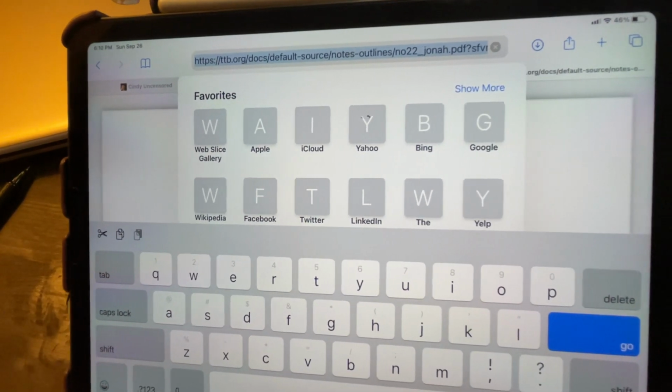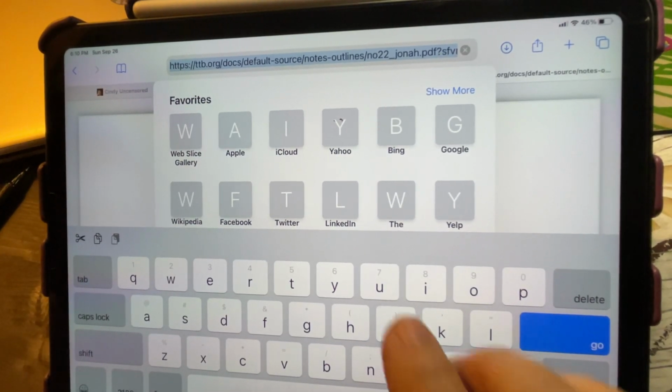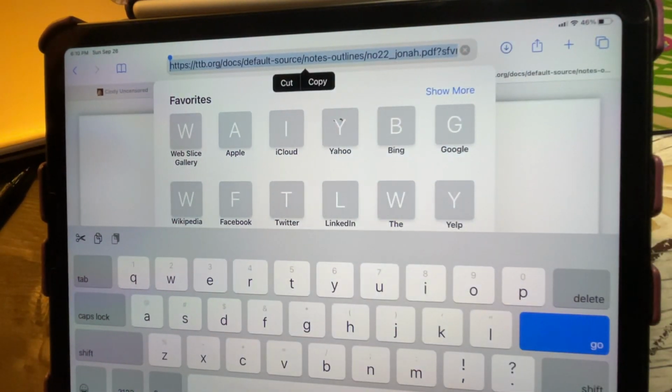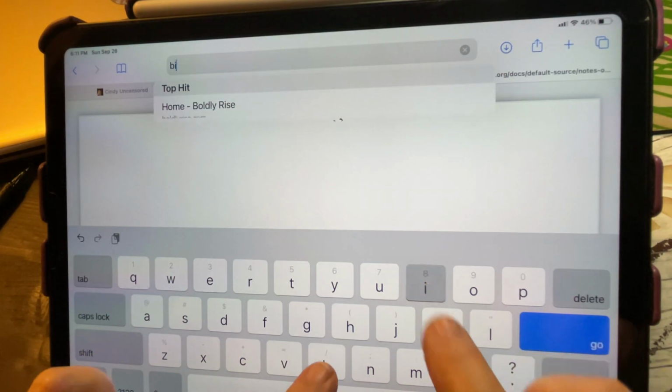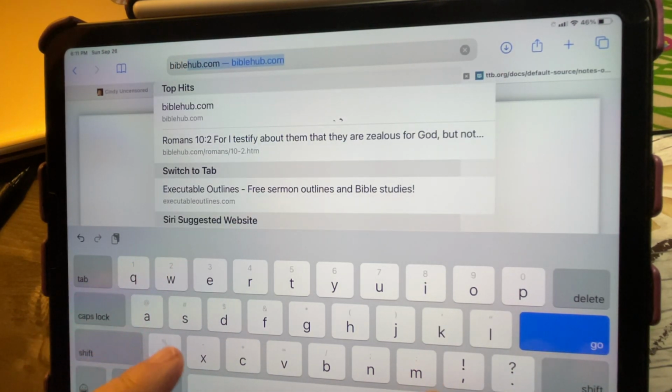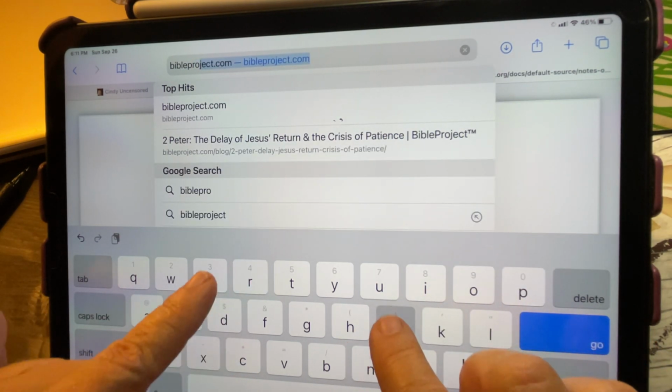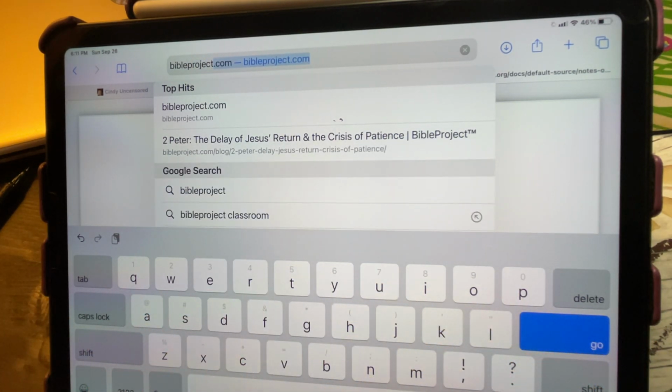And one more thing I want to show you is, when you're done, or at any point during the whole chapter of Jonah, I would go to Bible Project, slash explore.